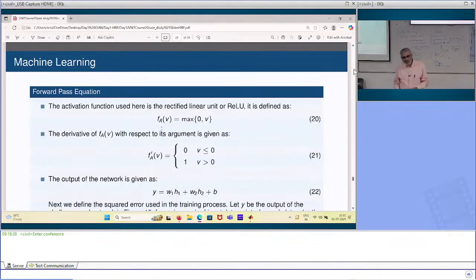People who have done real analysis will know. But for the purposes of our work, we assume that there is a sudden jump here at 0, right? The slope is 0 and it is 1.